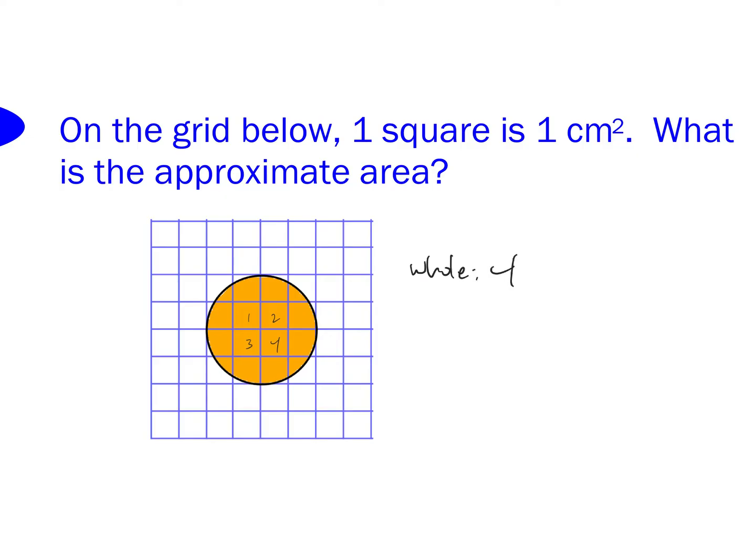Okay? Now, we got to figure out how many grid squares the partials are going to add up to. And you know what? This is a little tricky sometimes. Sometimes you got to really try to figure it out, and it's not clear cut.